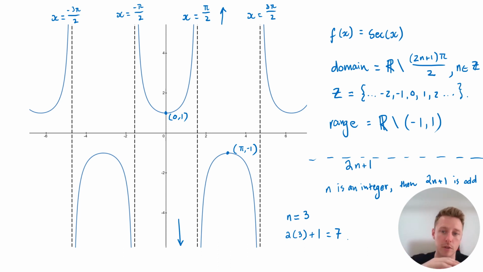So I'm excluding all of those values because 1 can be included. So the range is going to be all real numbers, not including -1 to 1, where this is an interval, right? This is an interval from -1 to 1. Hopefully that clarifies things a little bit.